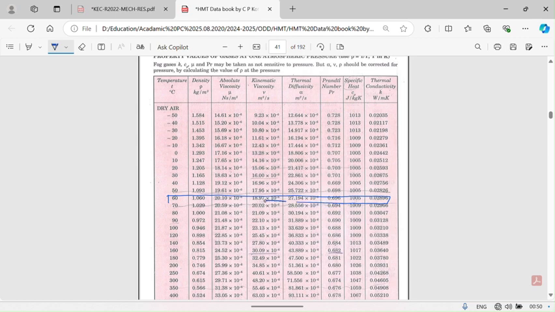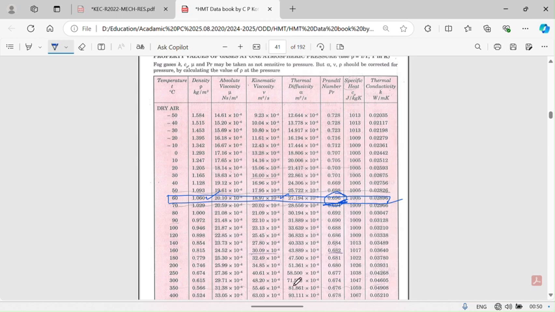We have a thermal conductivity of 0.0896 and Prandtl number equal to 0.696. The kinematic viscosity is the same as the value given in the book, and density is equal to 1.060, also the same as given in the book. Now we are going to find the Prandtl number, which should match 0.696. That may be correct with respect to the value given in the book.